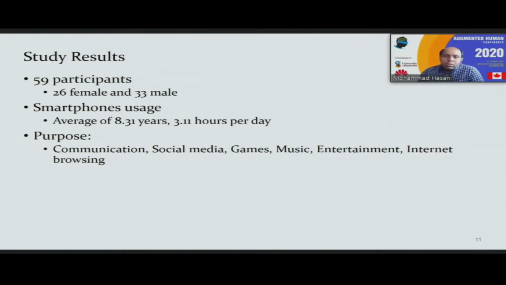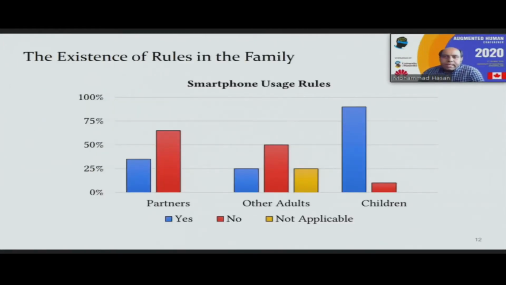And also, they mentioned that they use the smartphone for a wide range of activities, starting from communication with their family members, checking social media updates and news, playing games, listening to music, and others. Now, as I mentioned, we specifically asked whether they have any rules for their family members.